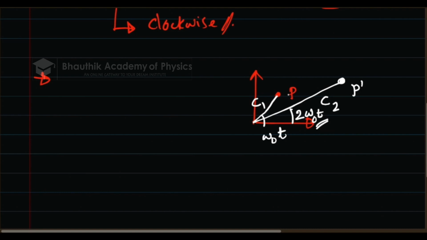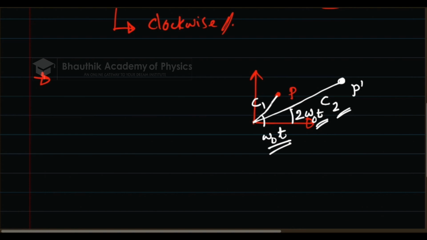So what did I do? I introduced another vector P prime, this time with a different length C2 and a different angle, which is 2 times the angle of my previous vector.